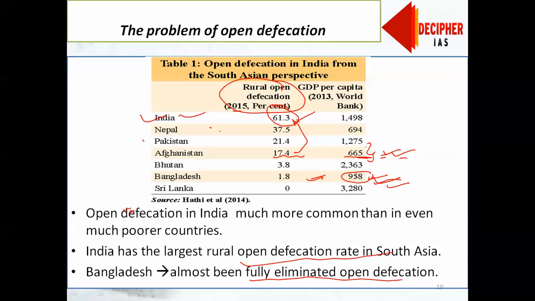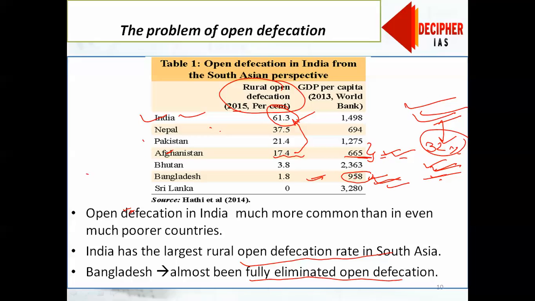Now, according to the World Health Organization and UNICEF Joint Monitoring Program estimates, 61% of rural Indians defecate in the open, as you see by the data, and only 32% of rural people in sub-Saharan Africa defecate in the open. Now, sub-Saharan Africa is among the poorest of the world's regions. Even there, only 32% of the population defecates in the open, and the rest use private toilets.